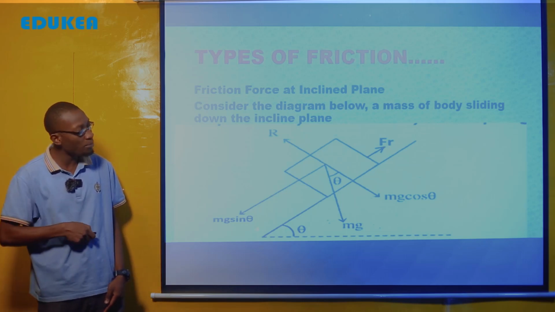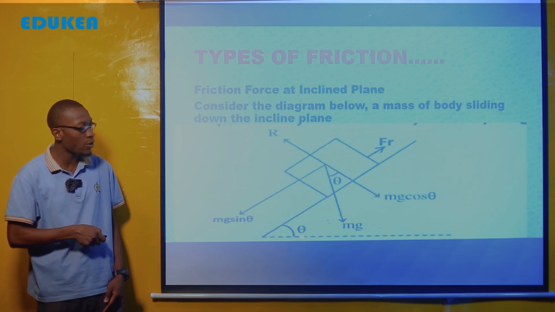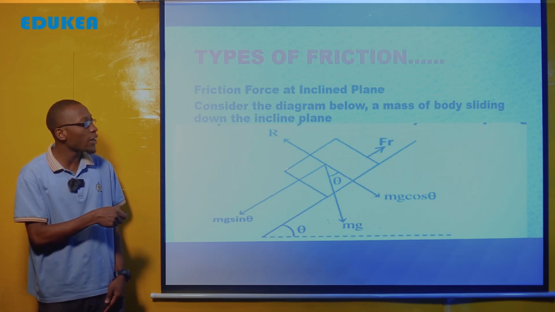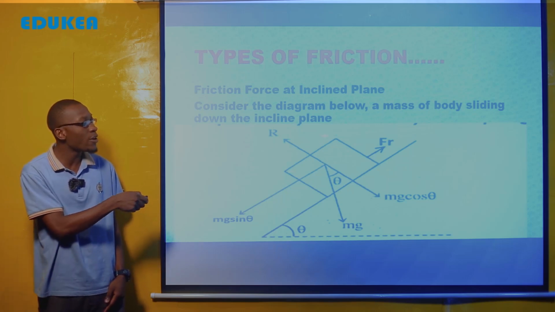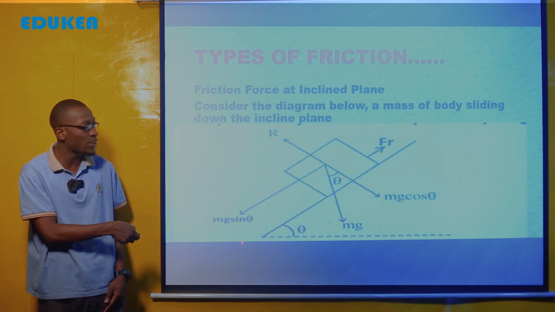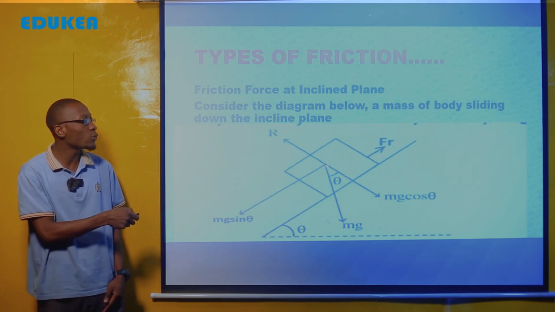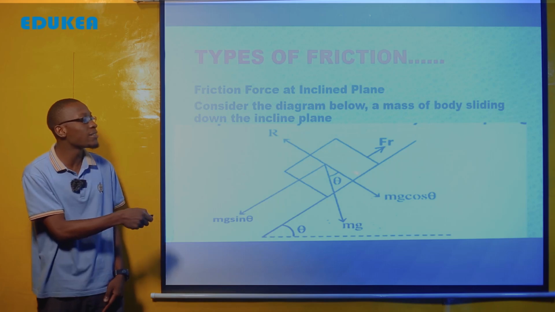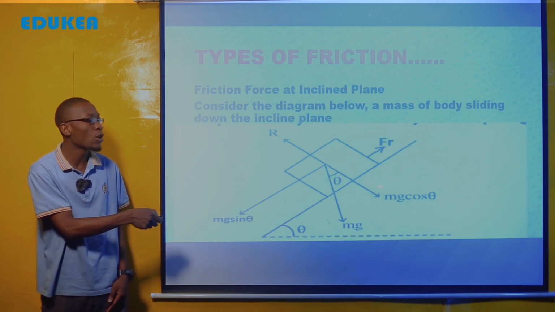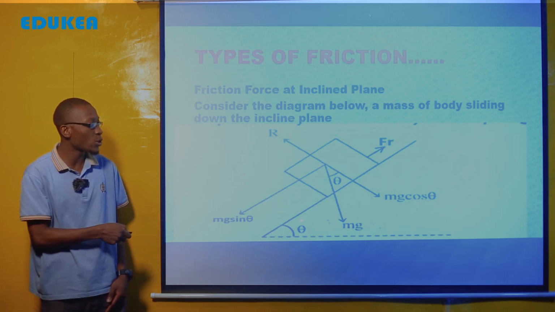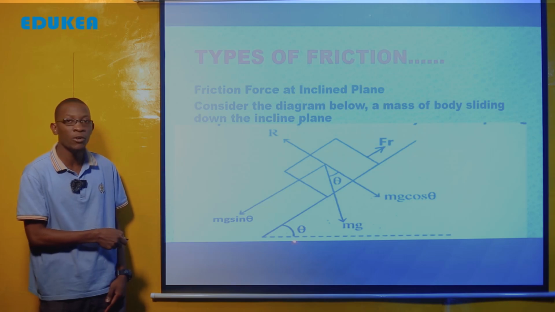Ikiwa hii inclined plane imetengenezeka katika angle fulani, ule mzigo wa kitu au body fulani tukawa tumeiweka pale kwenye inclined plane yetu, tukianza kuresolve tutasema kwamba hii normal reaction is equal to mg cos theta. Why mg cos theta? Ni kwa sababu iko katika angle fulani.